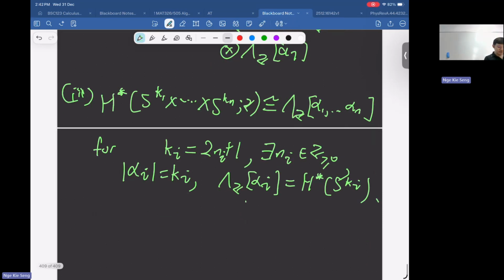So maybe I should write that this is isomorphic to Z of alpha i.